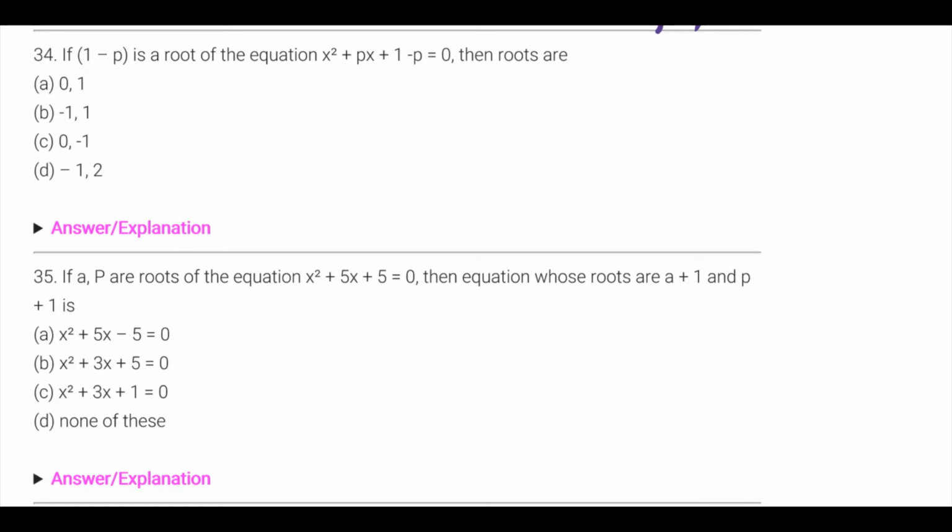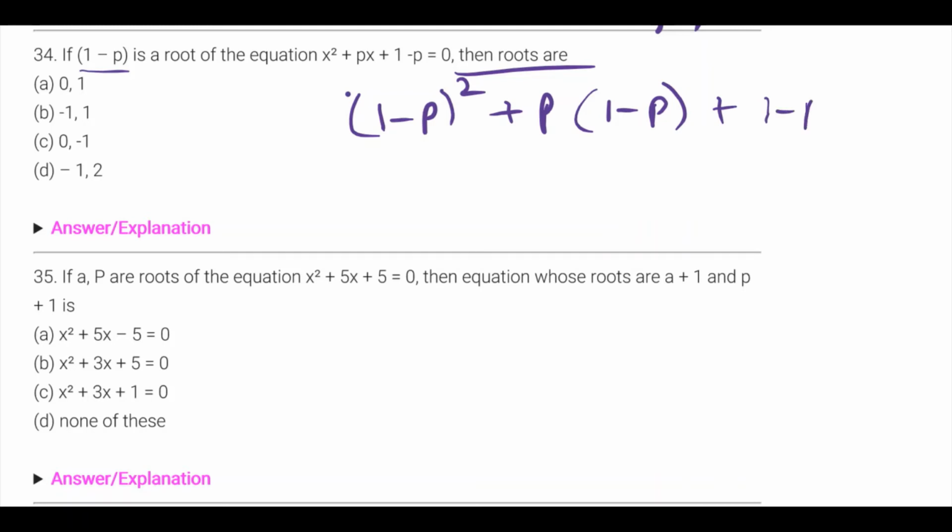34th question. If 1 minus p is the root of the equation, then the roots are. So given 1 minus p is a root, so substitute the value of 1 minus p in the place of x, p into 1 minus p plus 1 minus p equals to 0.